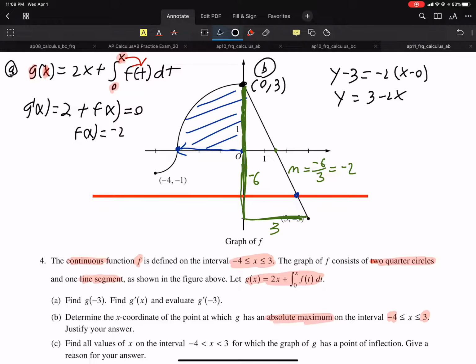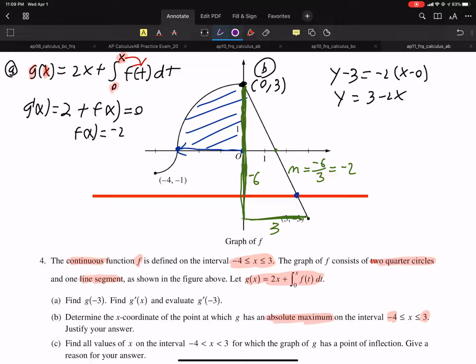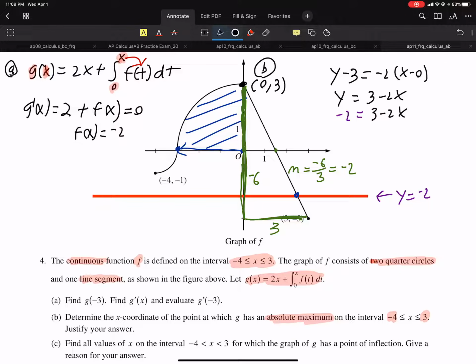So we want to know the x value when y is -2. So if we do that, subtract 3 from both sides, divide both sides by -2. So that's the x-coordinate for our critical point. That happens at x equals 5/2. So now we found the critical point.